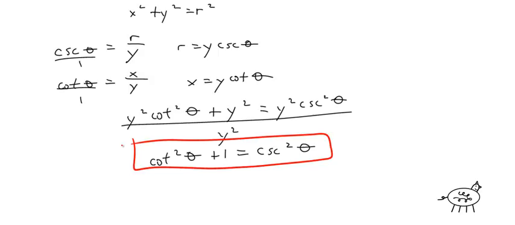So we got 3 equations here that are going to be super important and that we're going to be using quite a bit. So I'm just going to write them out again so I can talk about them all in one place. We have sine squared of theta plus cosine squared of theta equals 1.